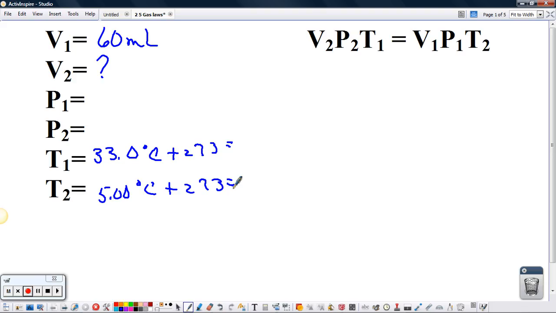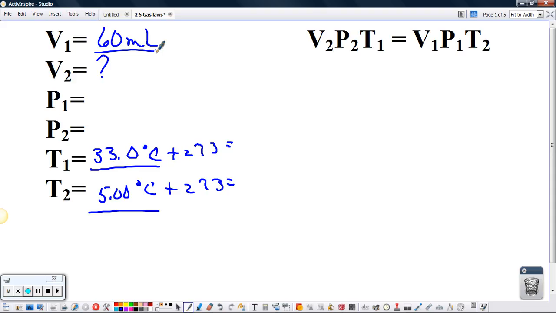Okay? So we're not going to worry about adding 33.0 to 273 and rounding off to the nearest whole number. We're just going to add the two numbers together, put the number down in our calculation. Then when we finish, we go back and look at our original numbers, the ones that were in the problem.